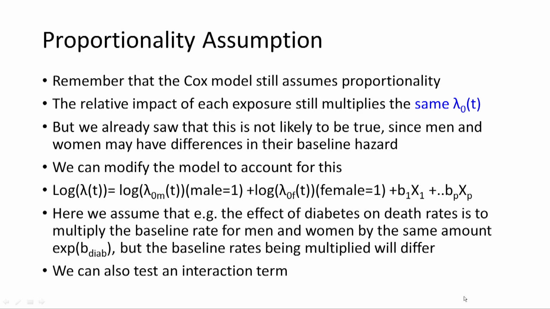Now, Cox's model still does assume proportionality, namely that the effect of every variable is proportional to the effect of every other one. But we saw that that was not true, for example, for cancer mortality in men and women.